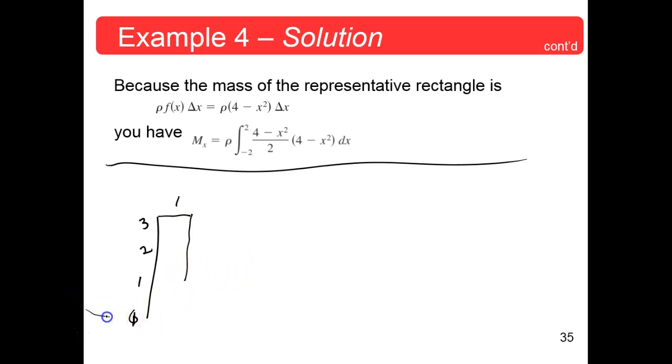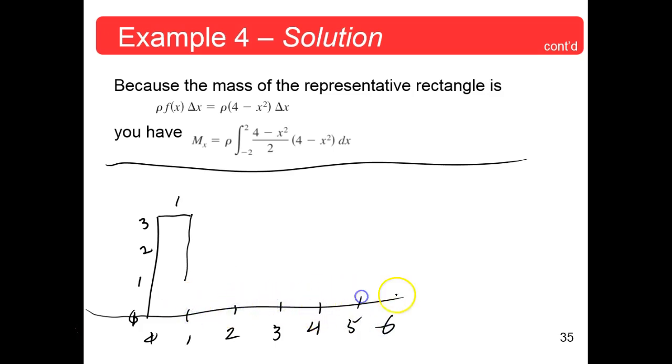Let me get my axes in here. 0, 1, 2, 3. How far do they go? To 6, 4, 5, 6. Okay. Right to 4. Up 1 more to 2. And over here to 6. Okay.